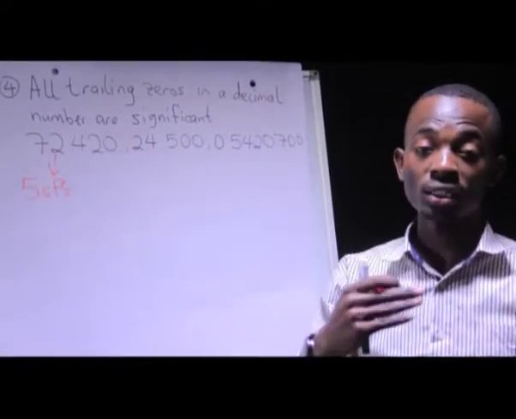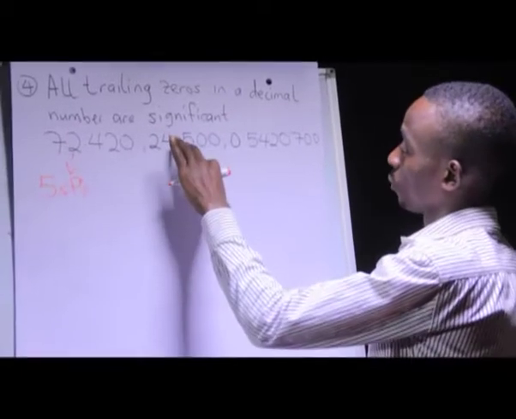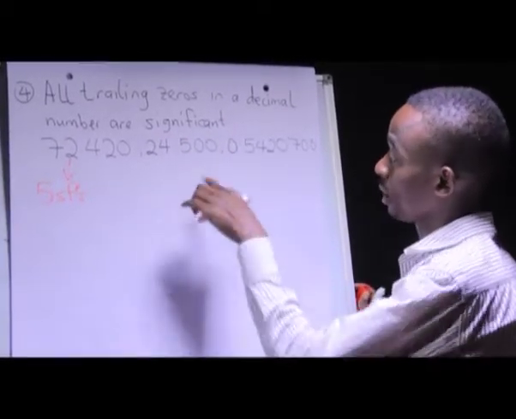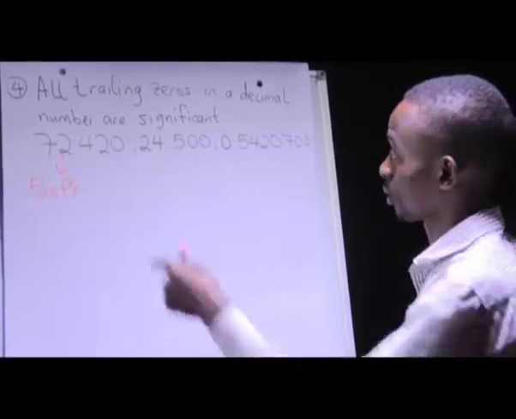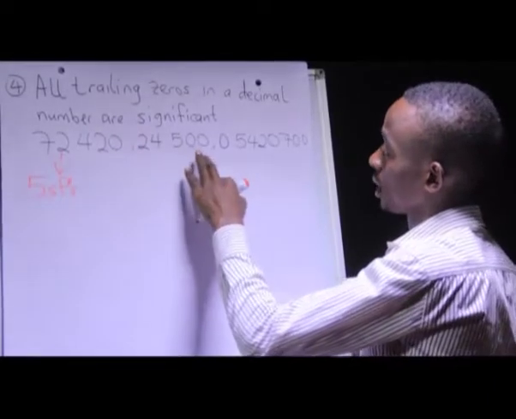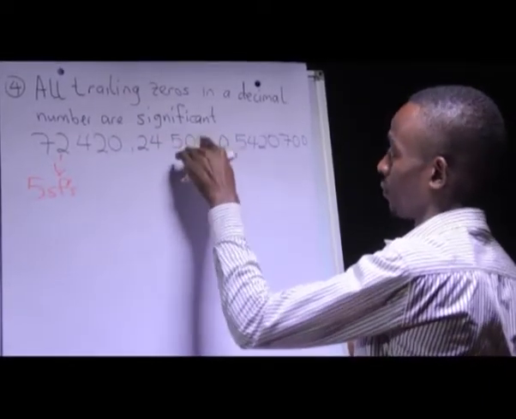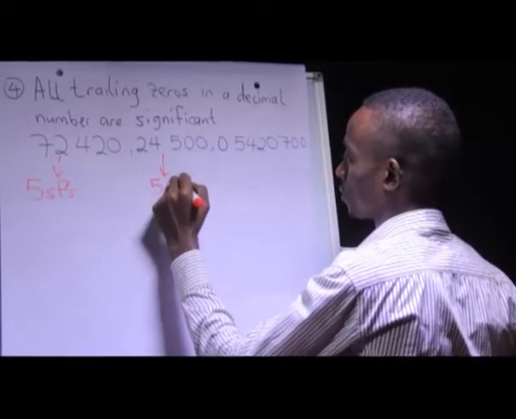We're also going to look at an instance where it's not a decimal number. So we have 24.500. When you look at these zeros, they are at the very end. So these other 2 zeros are also significant based on condition 4. So when I'm counting the number of significant figures, I have 1, 2, 3, 4, and 5. So these are 5 significant figures.